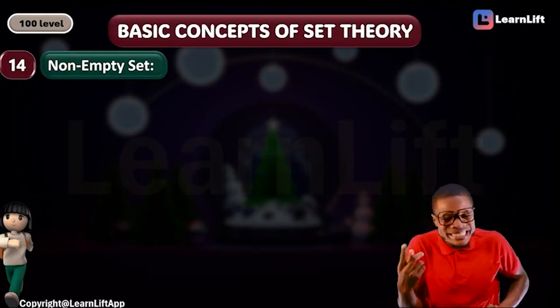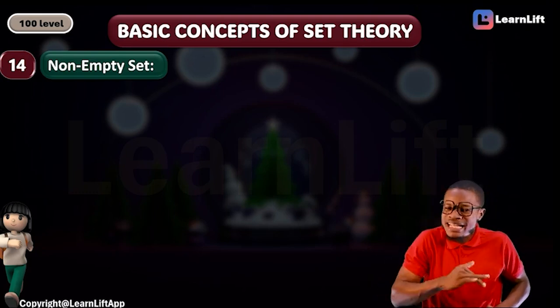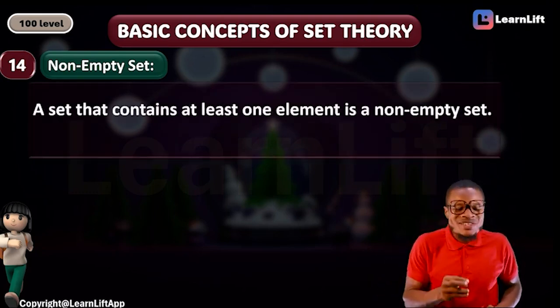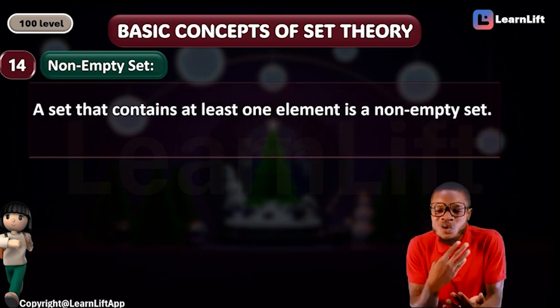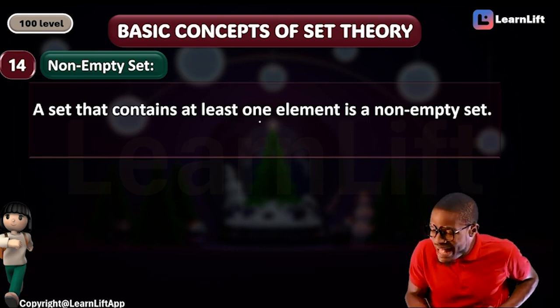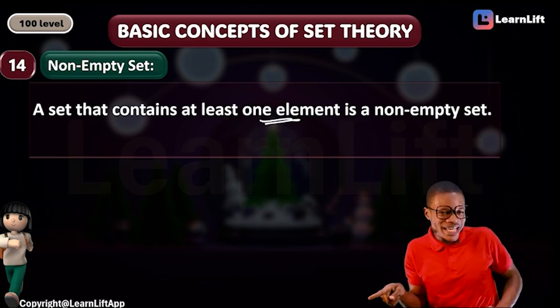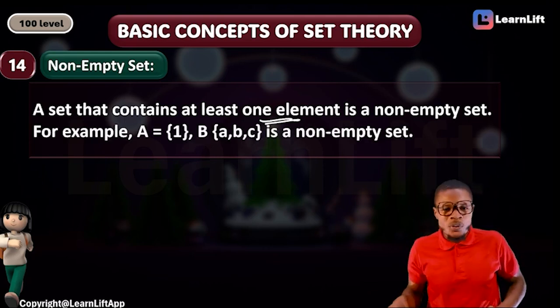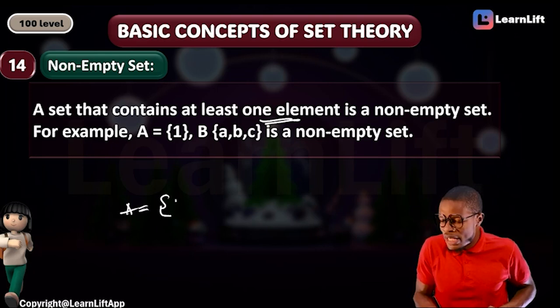The next thing we must note and understand is your non-empty set. When we say non-empty set, what is it? That means a set that is not empty. Take note that a set that contains at least one element is a non-empty set. Are you getting me now? For example, let A be {1}.